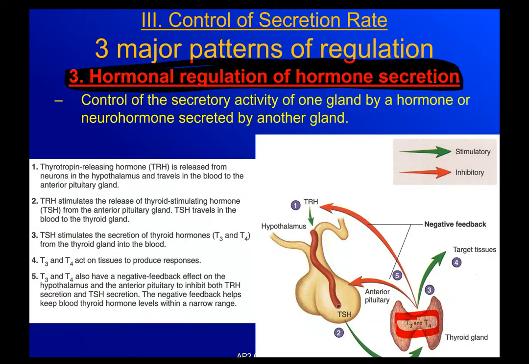T3 and T4 levels in the blood should be at a really specific level. And when they're not, there's this negative feedback.